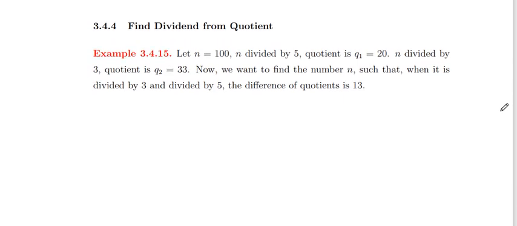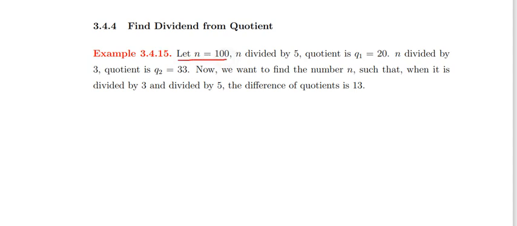Okay, so here we talked about how we find this number from the information about remainders. Then we also have cases where we want to find the dividend from quotients. So let's check this example. Suppose we know this number is 100.